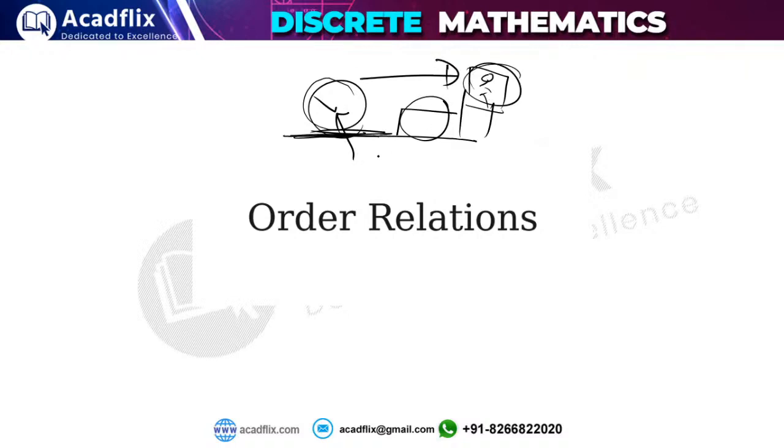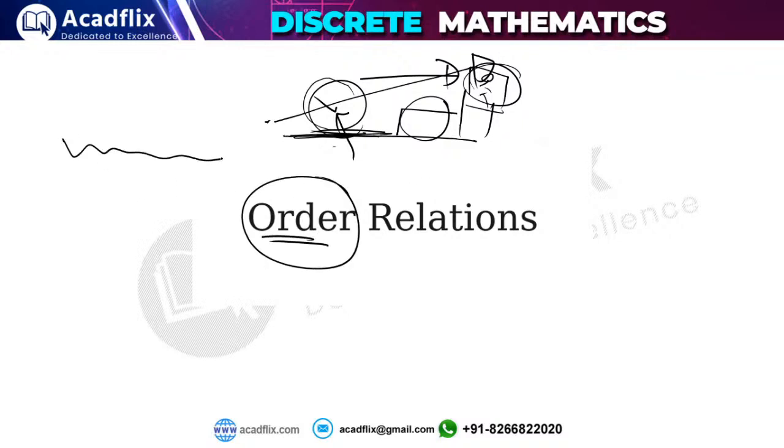If you go by money, from poor to rich, there is an order. So order relation means some type of ordering must be there.